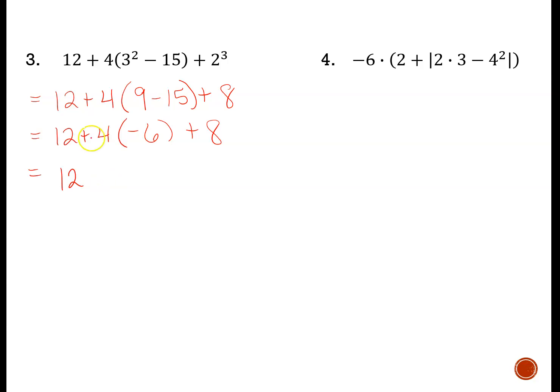Or you can go ahead and think of these signs as being on the numbers and saying, okay, this positive 4 times this negative 6 is a negative 24, and just write minus 24, which is the same thing as plus negative 24. Remember, add the opposite, it becomes the same thing. So either way is acceptable. I usually would just go ahead and write the minus sign.